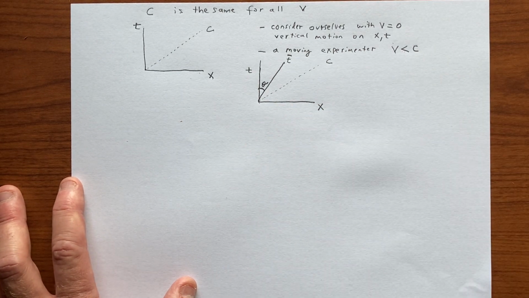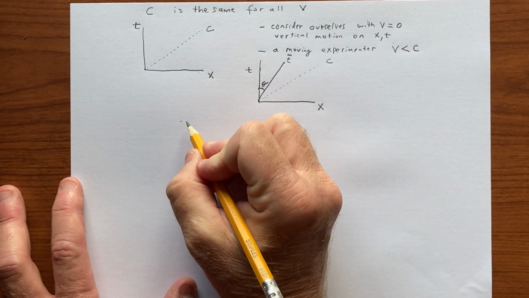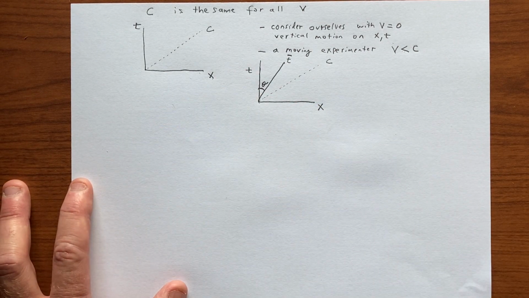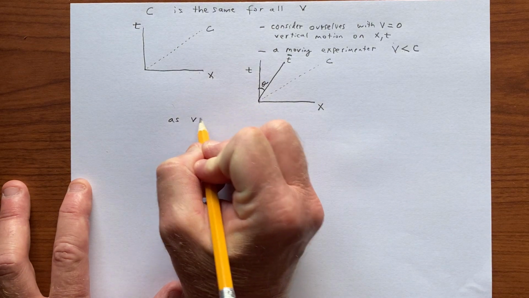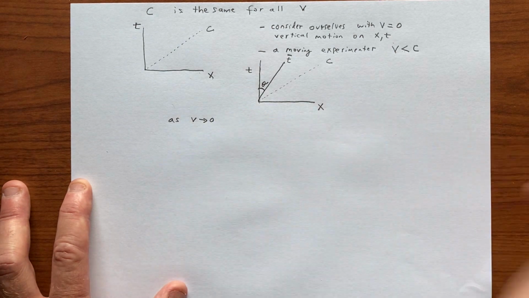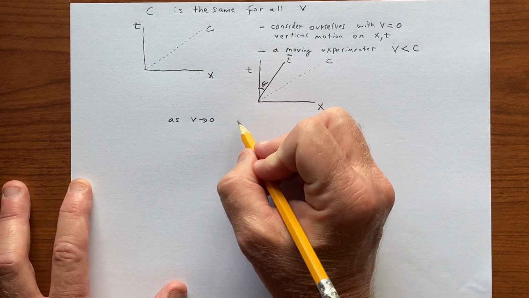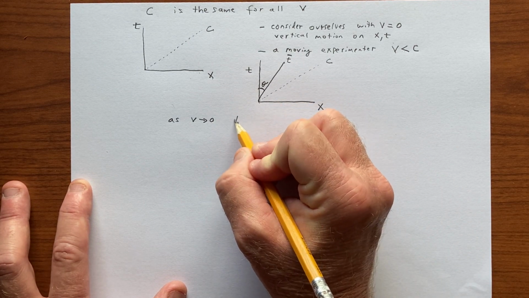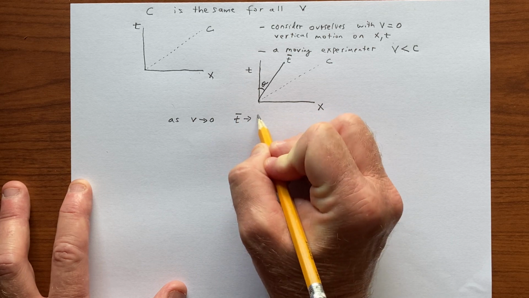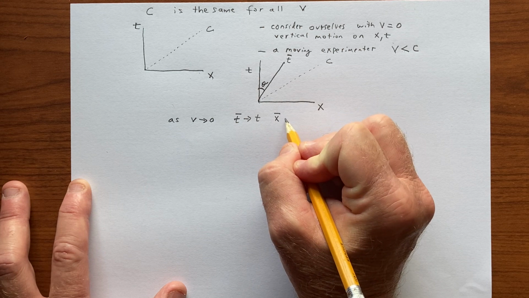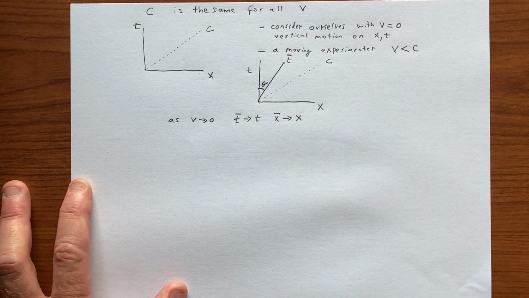And we could argue that the spatial axis has to be such that as v goes to 0, so that the speed of that observer goes to 0, they're going to have the same time axis as we are. And so the spatial axis has to reduce to our spatial axis.